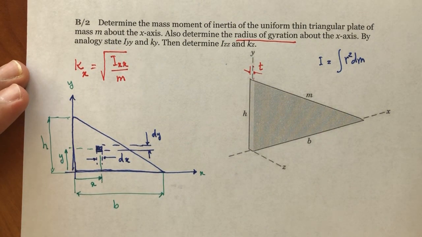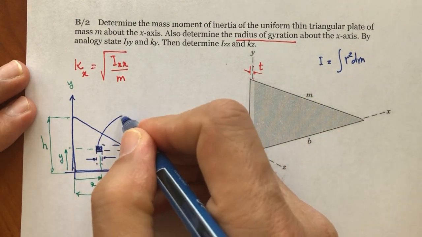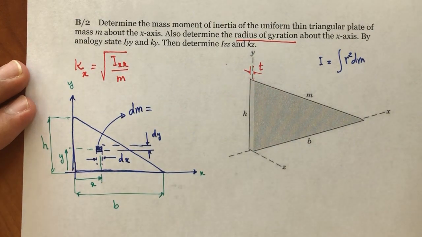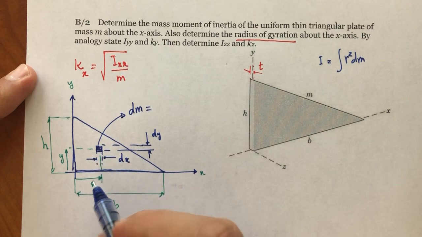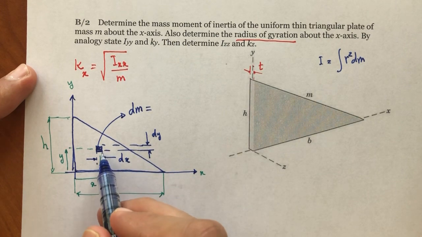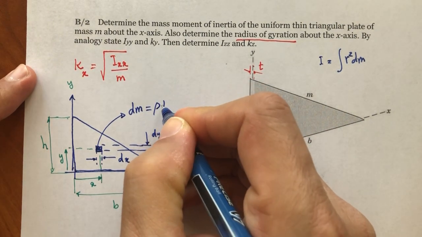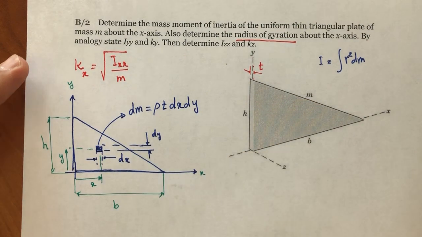So what's going to be the mass of it, because I need dm. dm, the mass of this tiny integral element, is going to be rho times the volume of it. And the volume is dx times dy times t, the thickness. So rho t dx dy is the mass of my element.